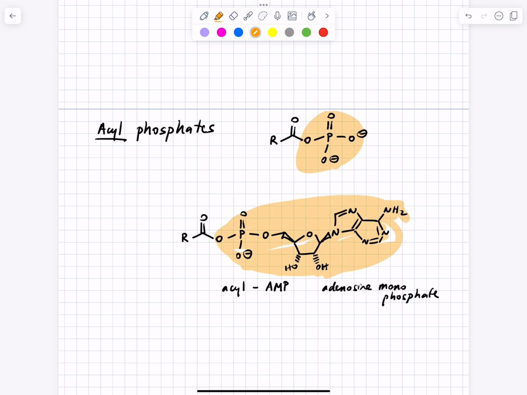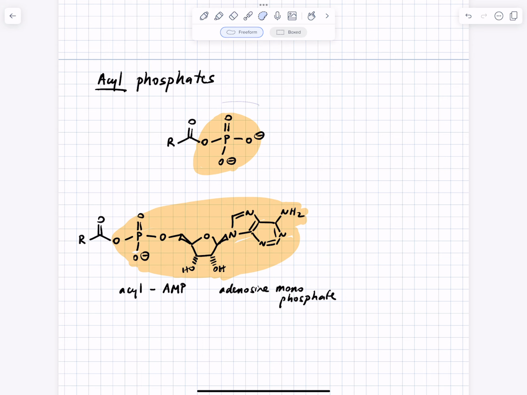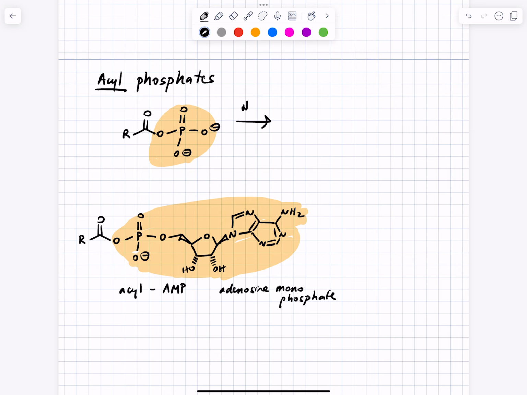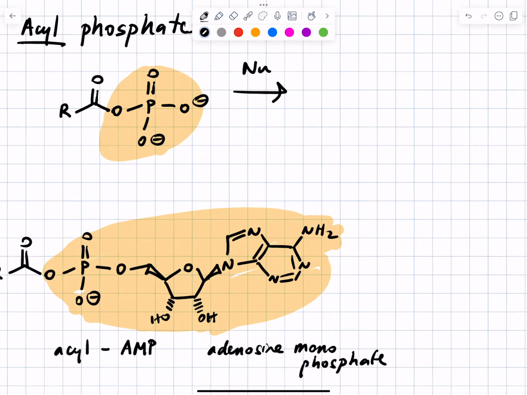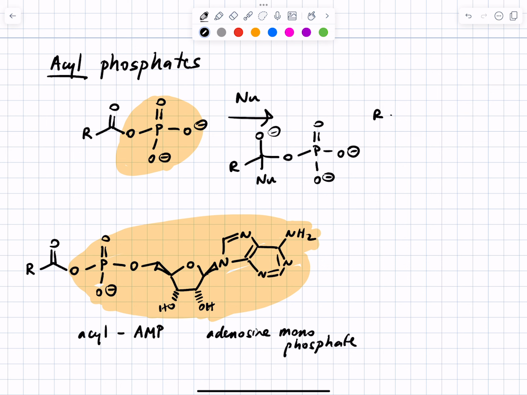So let's first talk about what the good leaving group is going to be. If a nucleophile were to come in and attack, and a leaving group left, you would get a tetrahedral intermediate that looked like this. And then your product would be, there's the nucleophile, and the leaving group would be this.